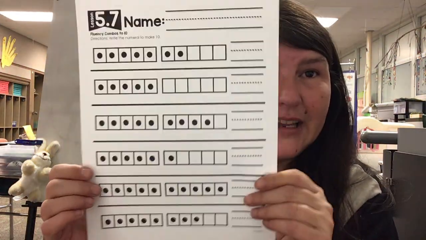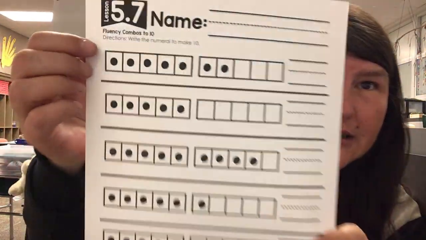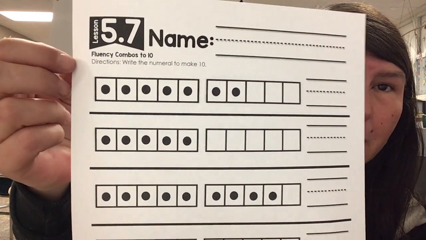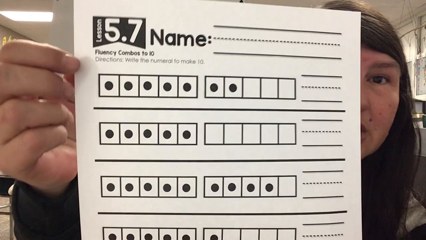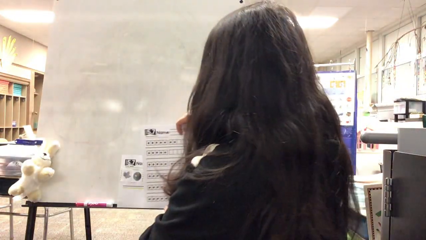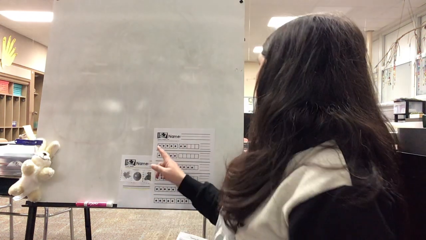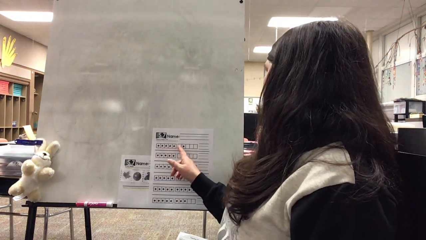But before I do, I wanted to show you that we're doing another page just like yesterday, and it says combos to 10. Write the numeral, the number, to make 10. So, on my page, I have 1, 2, 3, 4, 5, 6, 7.